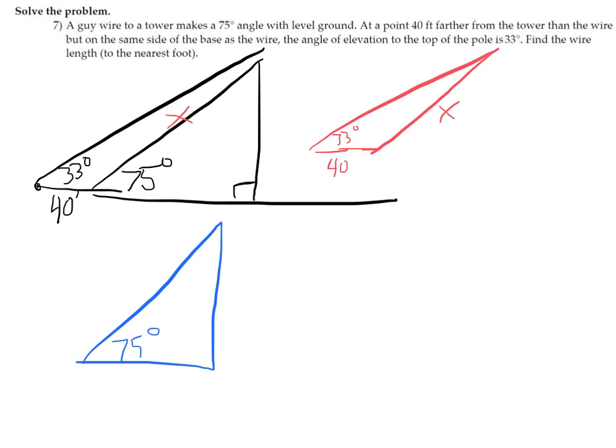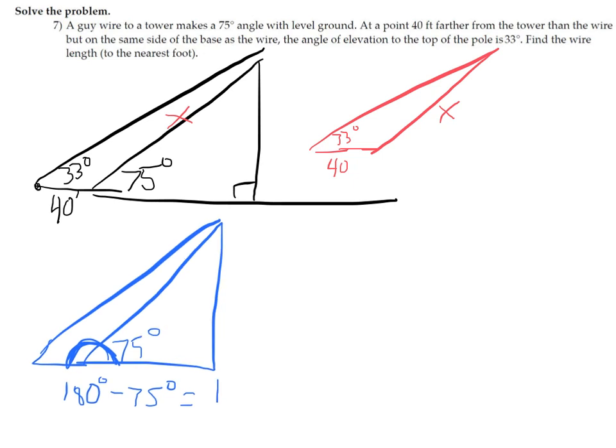We've got to somehow get something out of this. Now, the solution to our problem is the fact that these right there are supplementary angles. They add up to 180 degrees. Well, 180 degrees minus 75 degrees is 105 degrees. That's the missing ingredient to our little triangle.